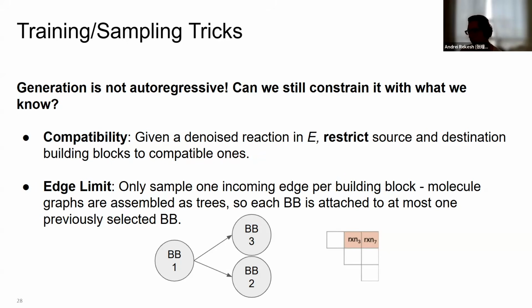So you are essentially never going to encounter a situation where you are generating invalid molecules, at least according to the reactions and building blocks you have at your disposal.